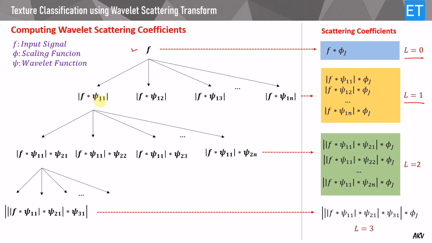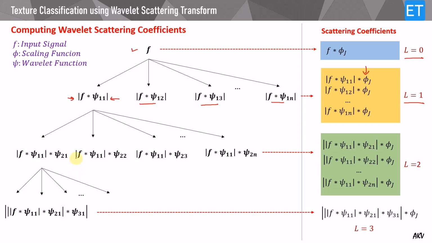So f convolution psi 11, f convolution psi 12, and so on. These are wavelet coefficients obtained with the different wavelets. Then we perform the mod operation. As you can see, for each we perform the mod operation, and then all the coefficients are convolved with scaling function phi, as you can see. So these are the scattering coefficients obtained at level 1.